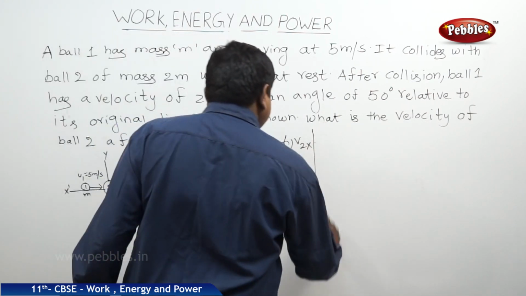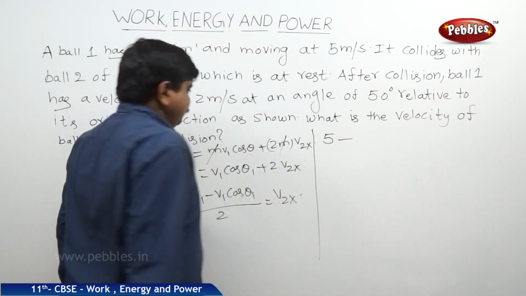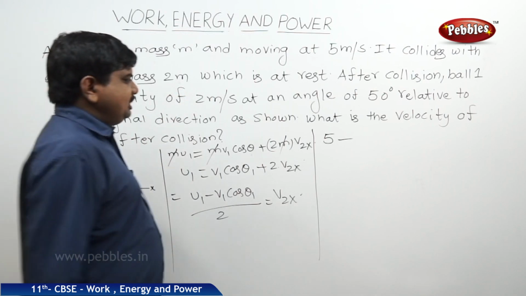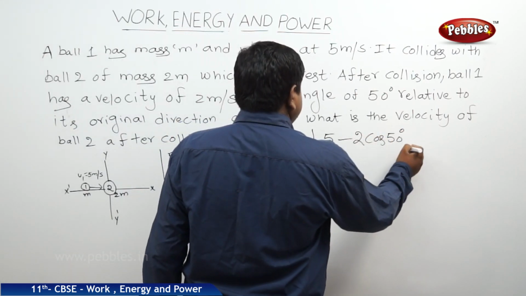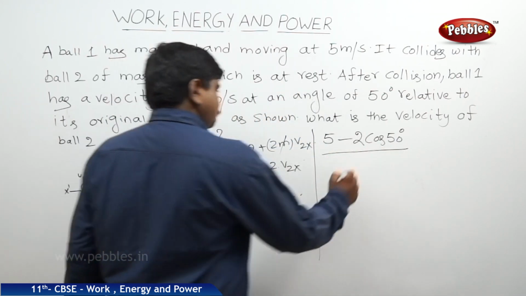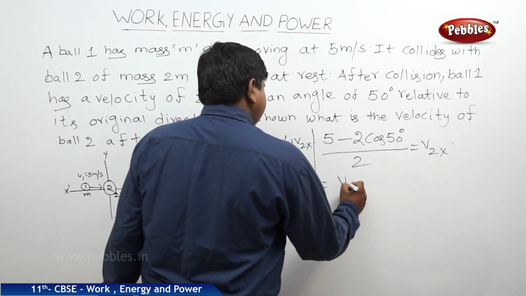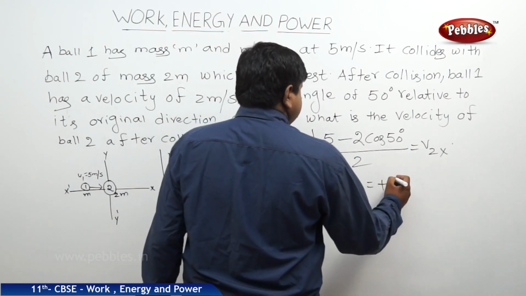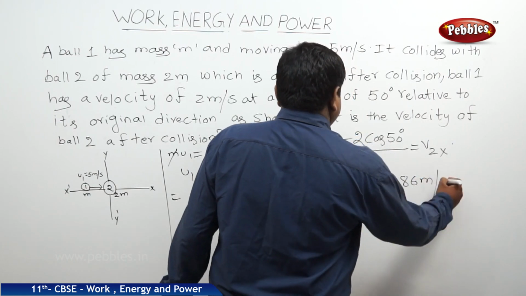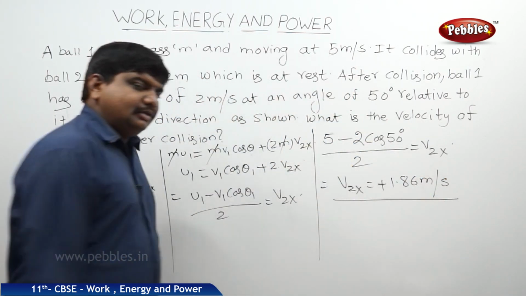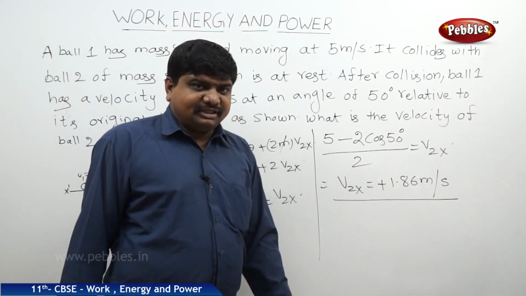Where u1 is 5 meters per second, v1 is 2 meters per second into cos 50, all divided by 2, is equal to v2x. So, we will get v2x as plus 1.86 meters per second. Velocity of the body after the collision along x-axis is 1.86 meters per second.